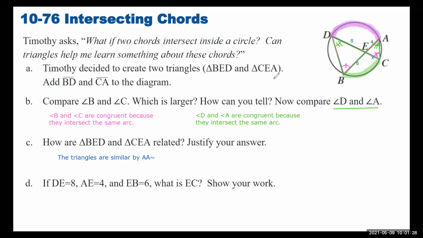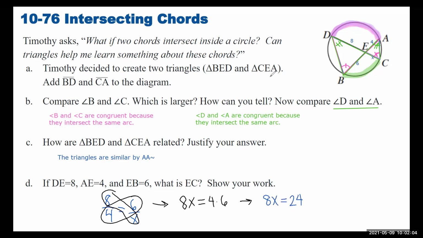I'll go with 8 is to 4 as 6 is to X, and then cross multiply. 8 times X is equal to 4 times 6, which means 8X equals 24.